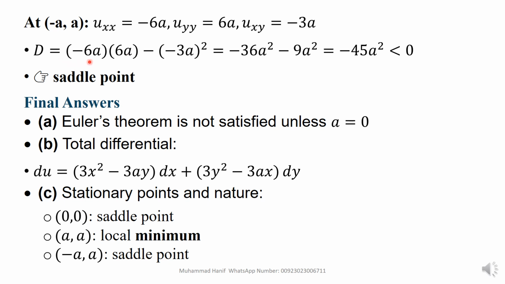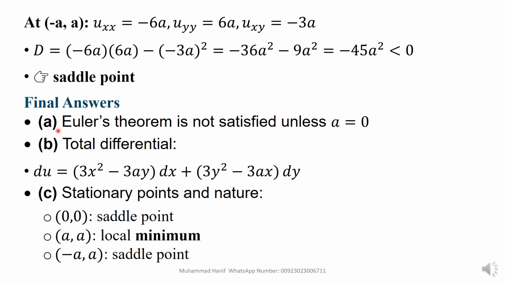D equal to, after putting in the values, as we can see here, then we simplify 6a square minus 9a square. After the simplification we get minus 45a square less than 0. Saddle point.